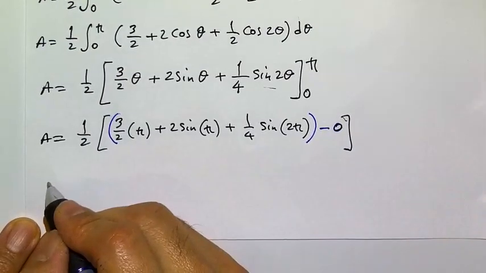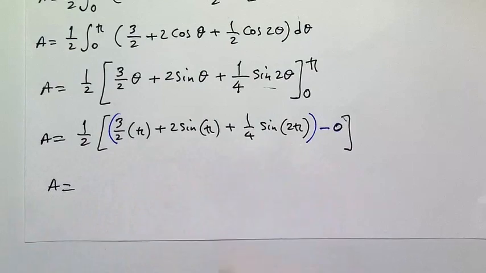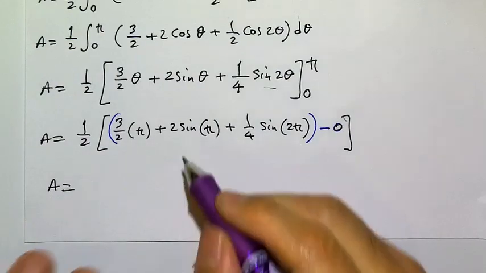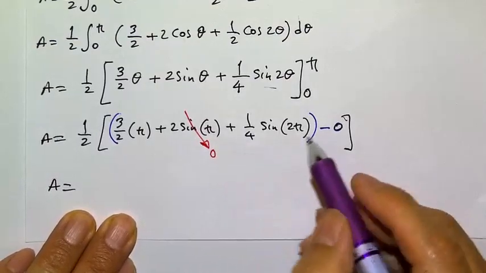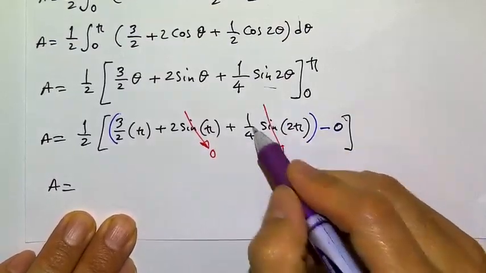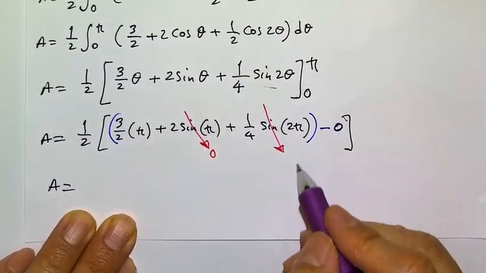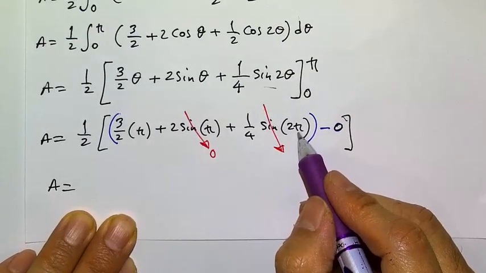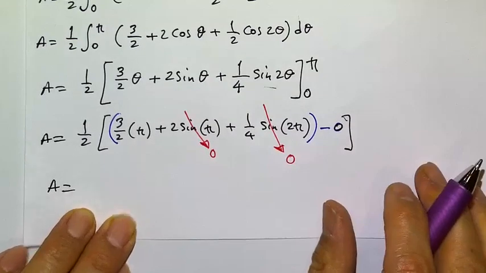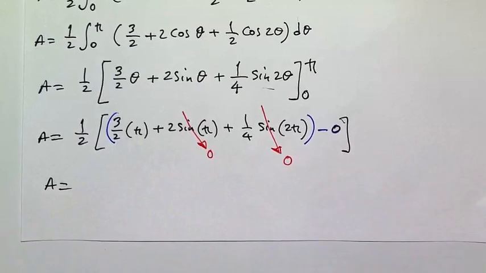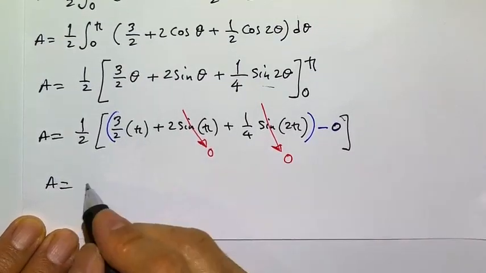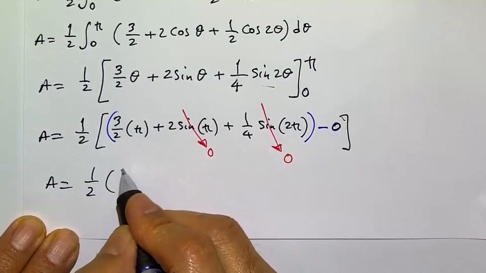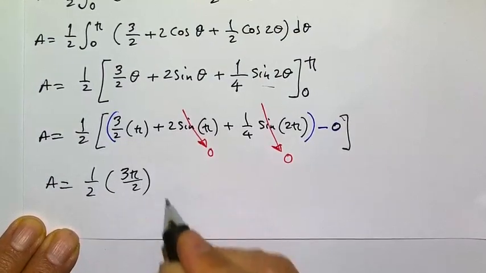Okay. So the area is equal to these two terms. 2 sine pi will be 0. 1 over 4 times sine 2 pi, also 0. So we're left with 3/2 times pi, right? 1/2 times 3 pi over 2.